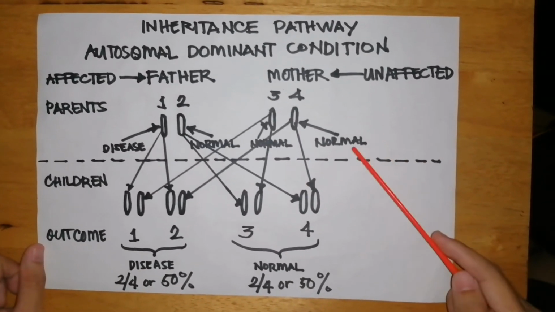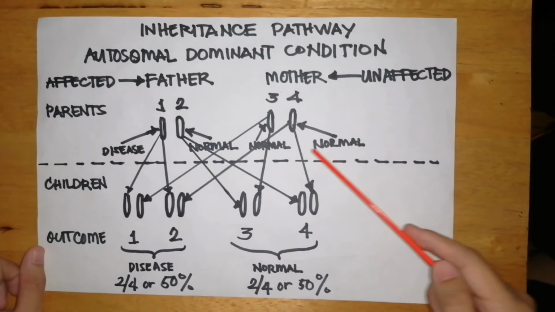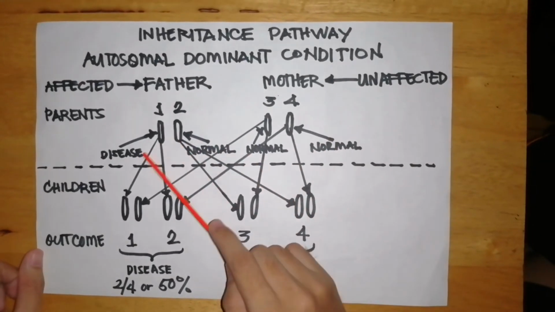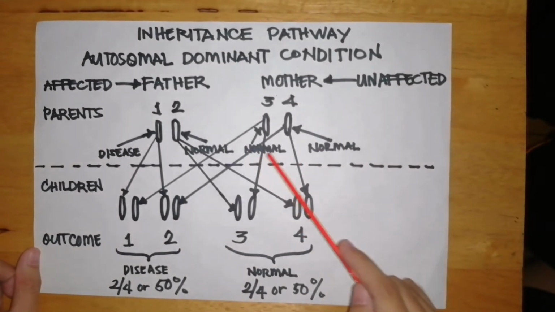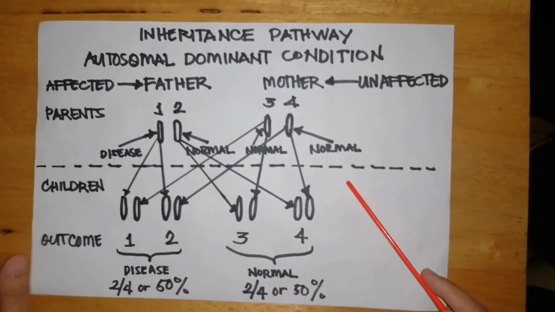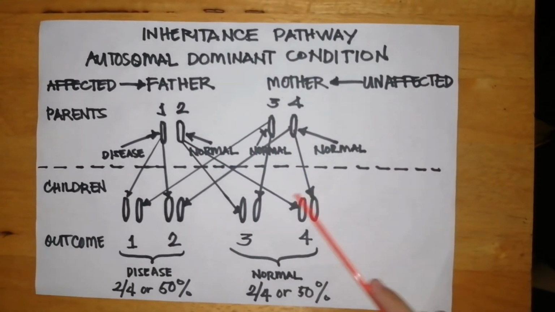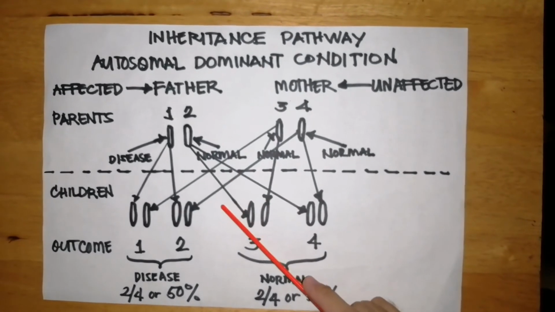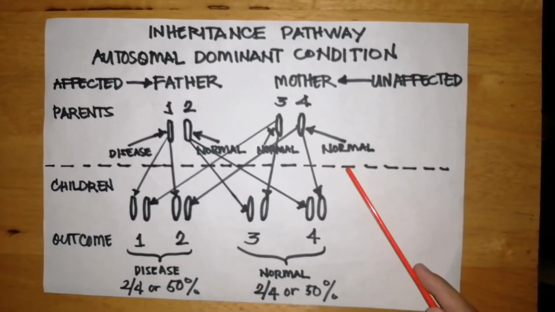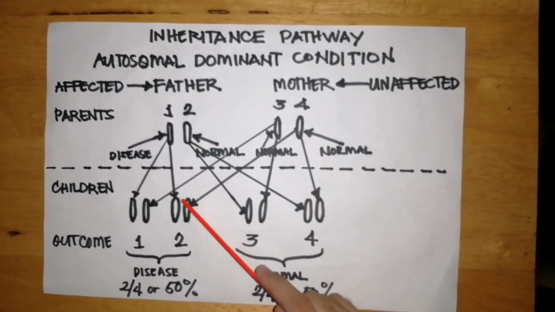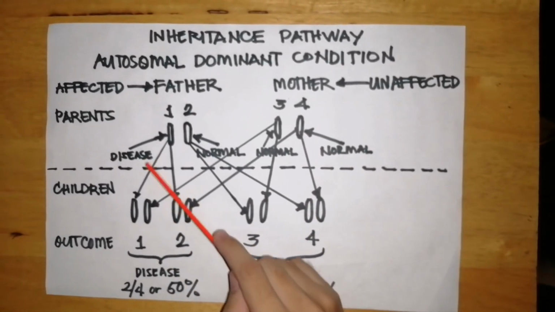In this example, one parent is affected by the disease and the other one is disease free. So again, we start with 4 copies, 2 from each parent. Let's assume that copy 1 is the copy for the disease.